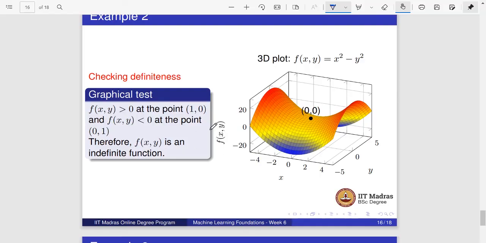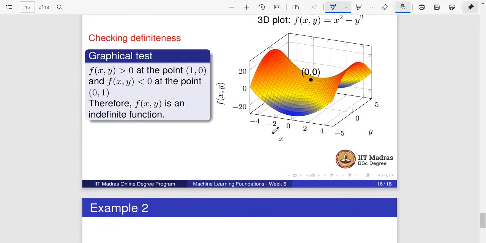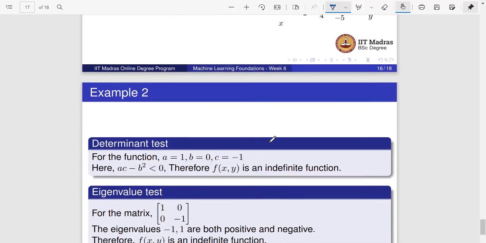Also, we can see this function is not a definite function. It has a positive value at some points and a negative value at some points. So that's why it comes under an indefinite function.